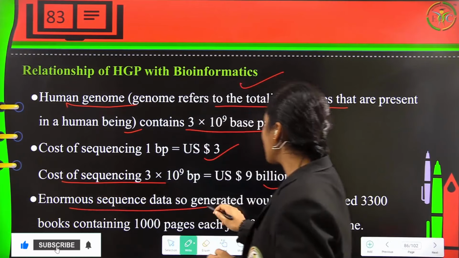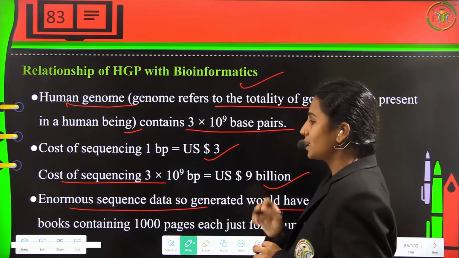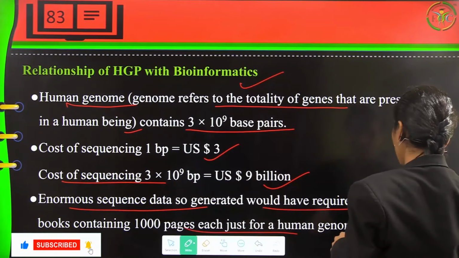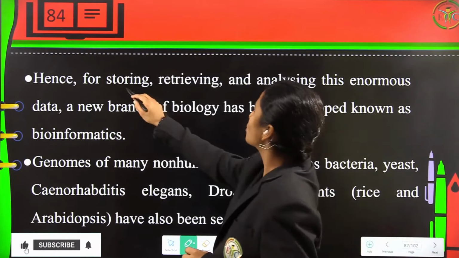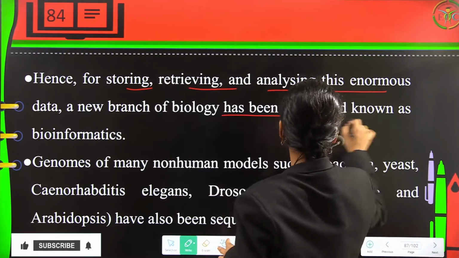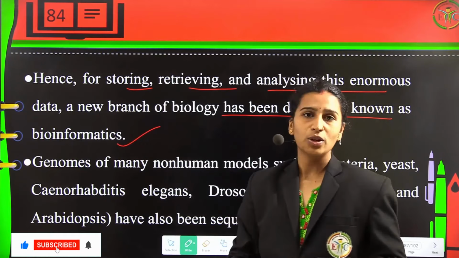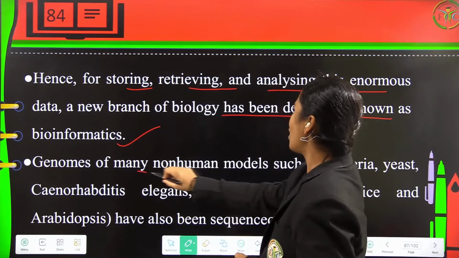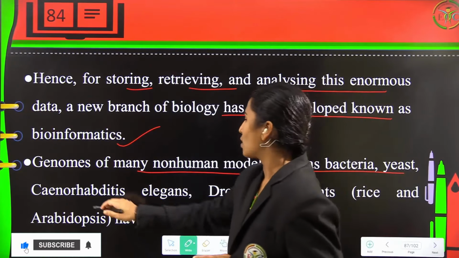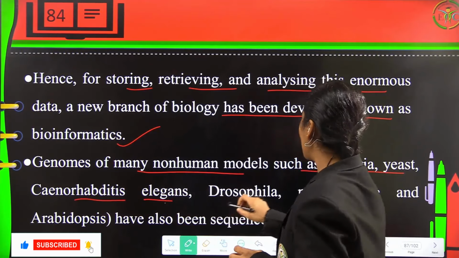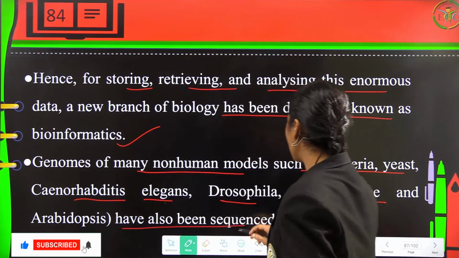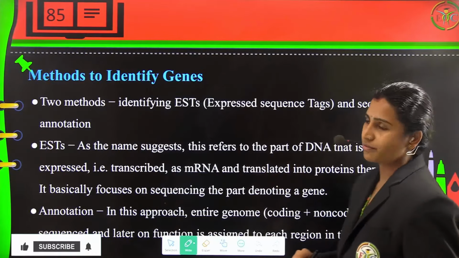The enormous sequence data generated would require 3,300 books containing 1,000 pages each for a human genome. Therefore, for storing, retrieving and analyzing these enormous data, a new branch of biology has been developed, called bioinformatics. Genomes of many non-human models like bacteria, yeast, Caenorhabditis elegans and Drosophila, and plants like rice and Arabidopsis, have also been sequenced with the help of bioinformatics.